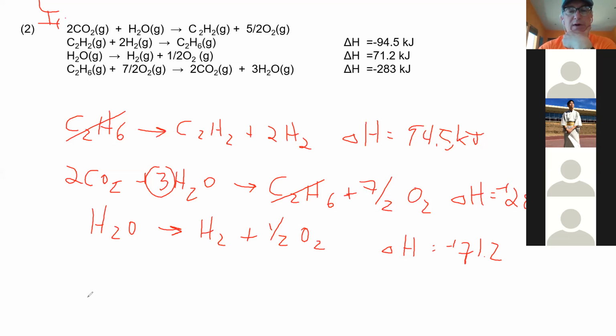So how are we going to address that problem? We don't want to do anything to the first or the second reaction, because it gets rid of our intermediate C2H6, but we are going to have to do something with this third reaction.